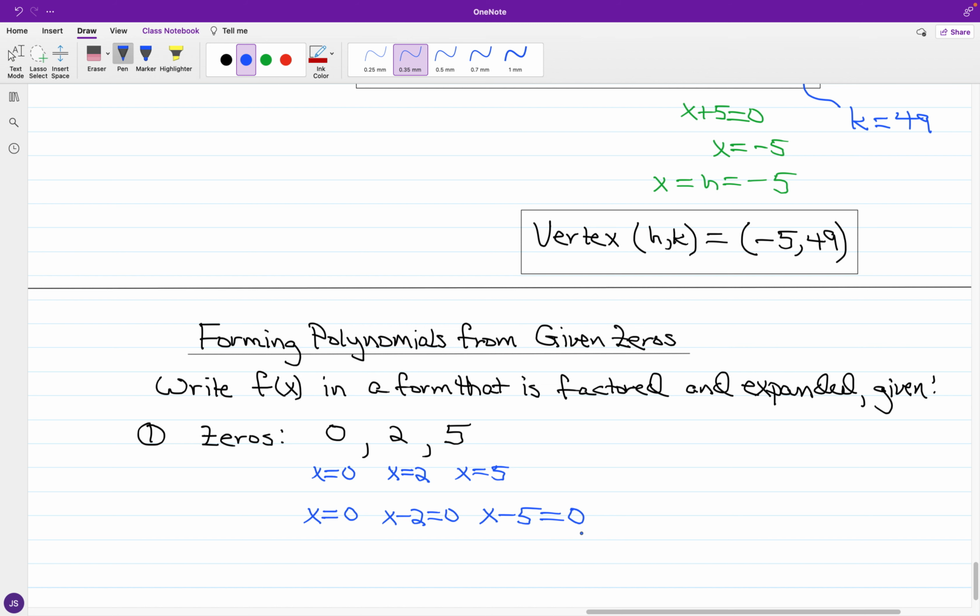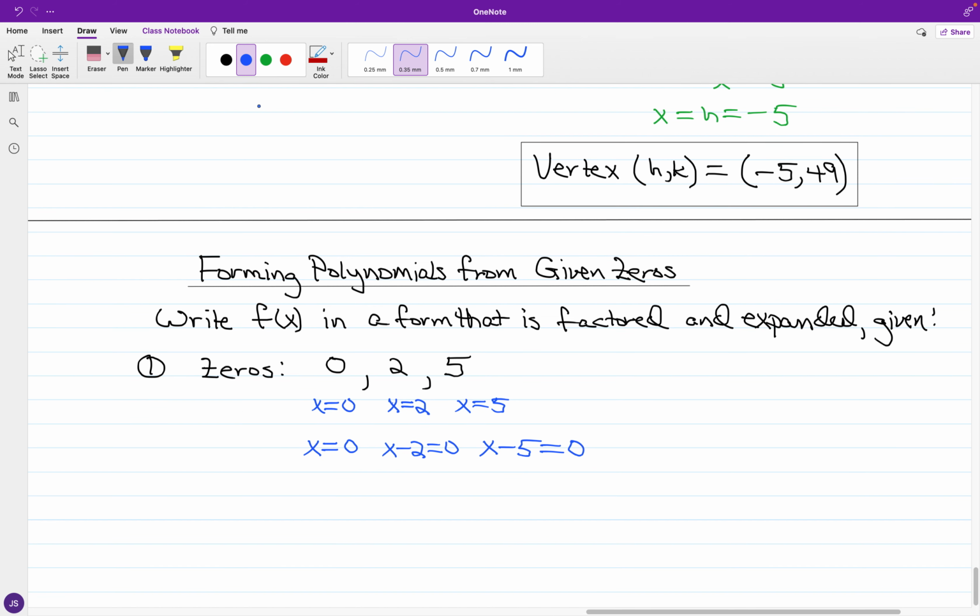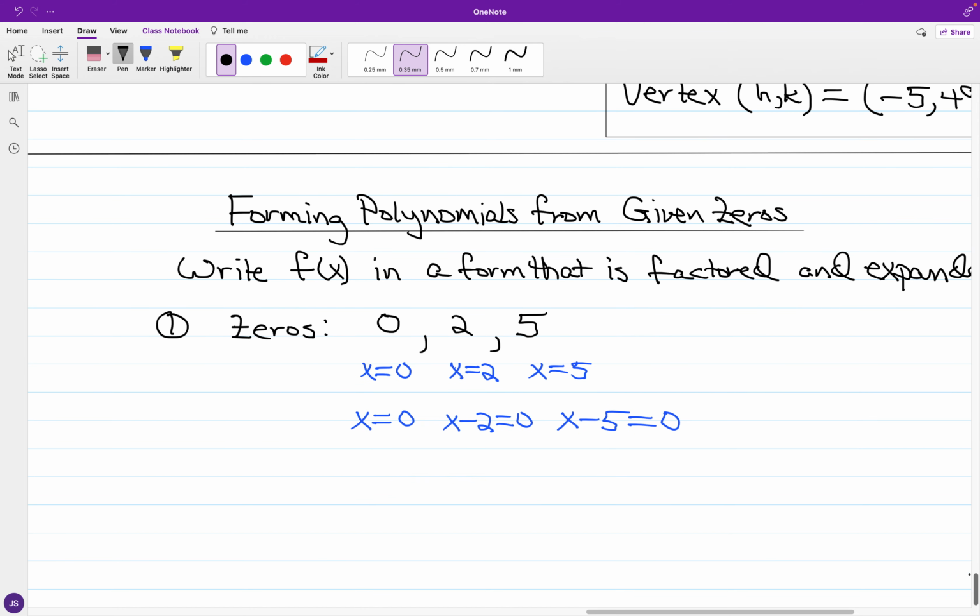For x minus 5 equal to 0, we have x is equal to 5.